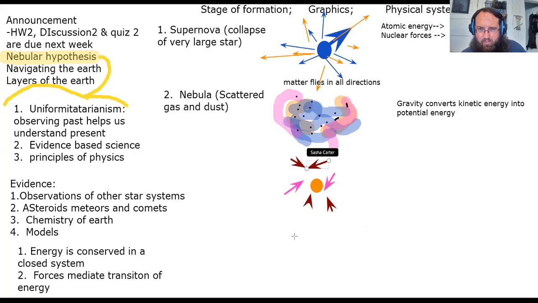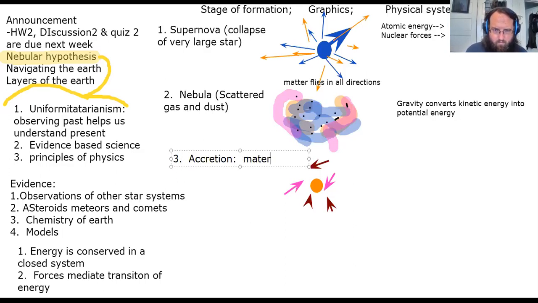Matter starts flying inward, and most of it forms your early protosun. Matter drawn inward by gravity.